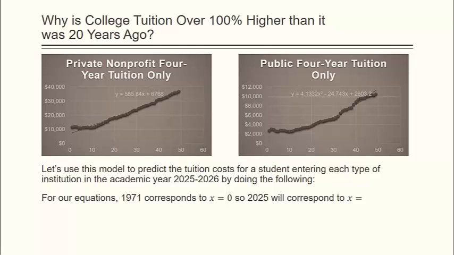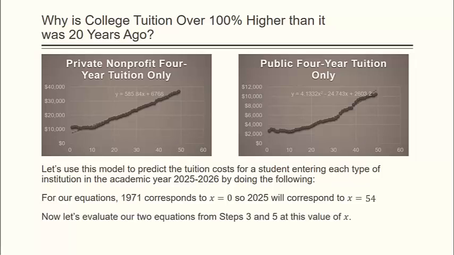Well, if you subtract 1971 from 2025, we'll see that 2025 is going to correspond to x equals 54. So let's evaluate the two equations that we found in steps 3 and 5, our best fit line and our best fit polynomial. We're going to evaluate those two equations at x equals 54.